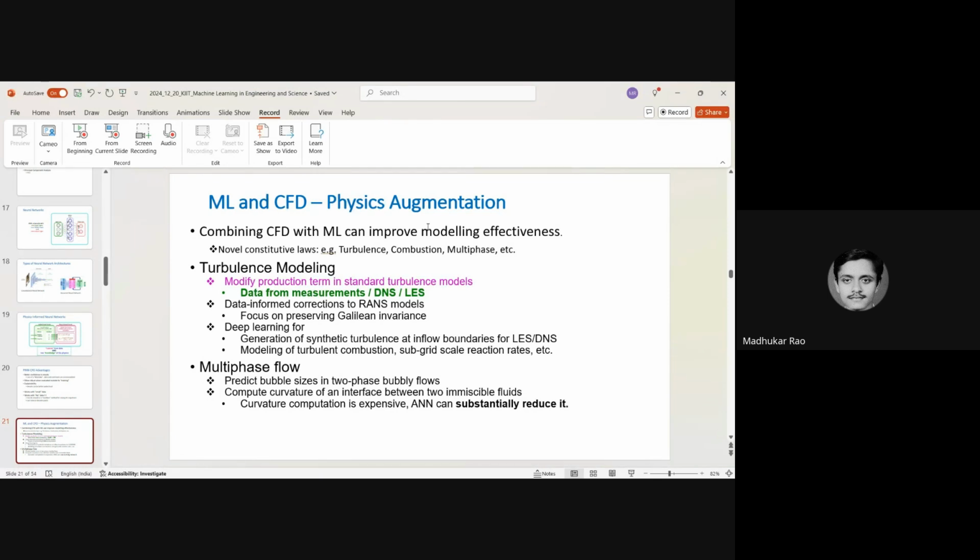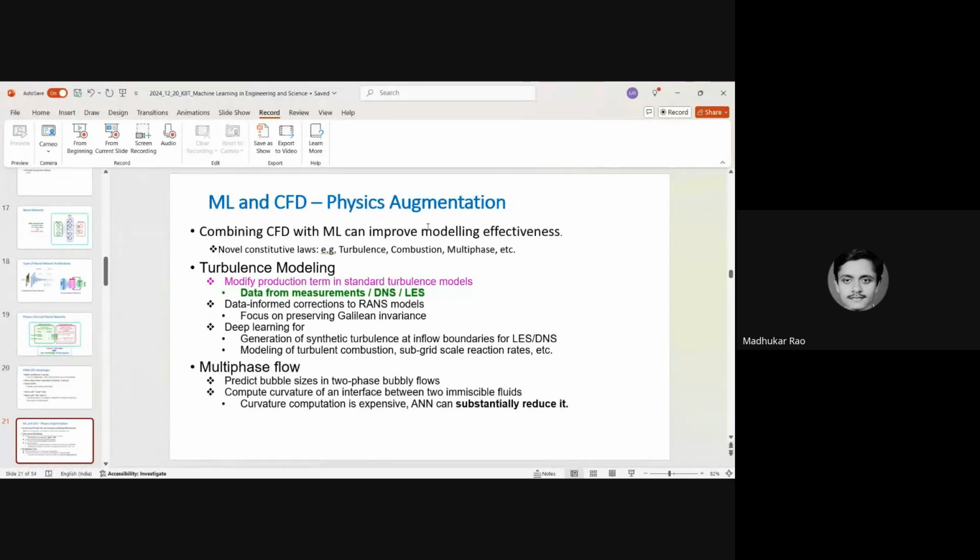You can ensure that certain symmetries of the flow, like Galilean invariance, are preserved. You can accommodate experimental data and CFD data all in the same set. And it's been used for generation of synthetic turbulence at inflow boundaries for LES and DNS. It's been used for modeling of turbulent combustion, including reaction rates and subgrid scale models for LES and so on.